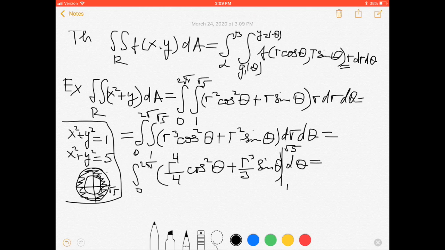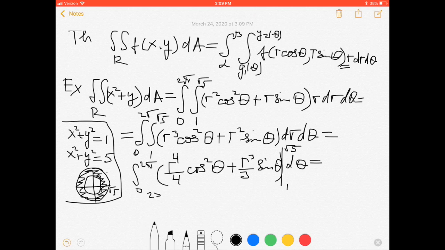It will be square root of 5 to the fourth degree, which is 25.